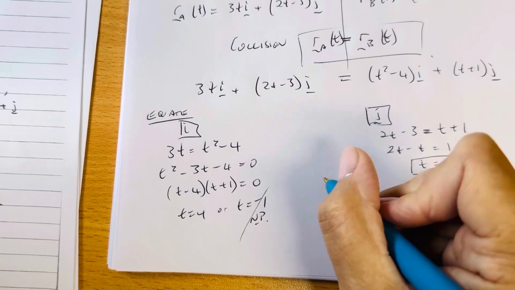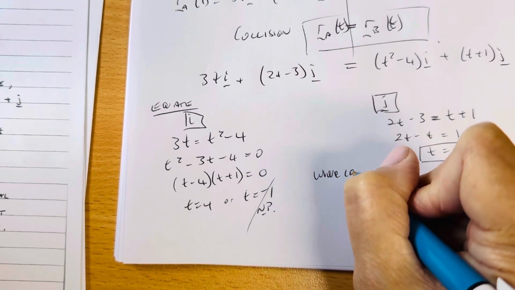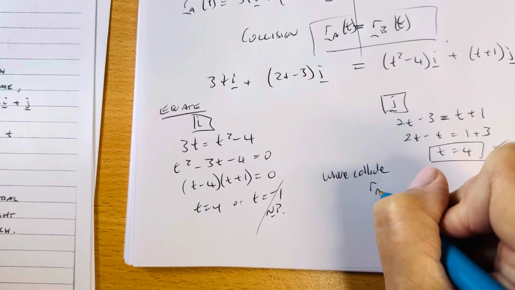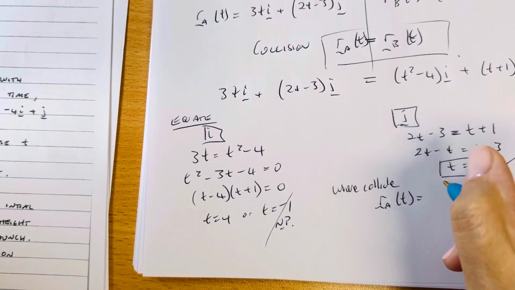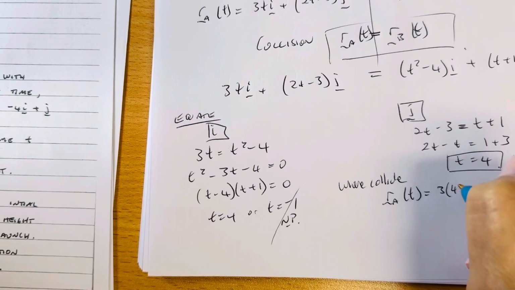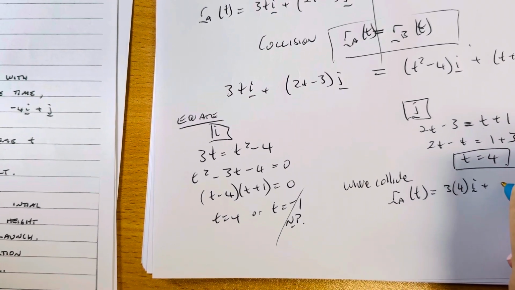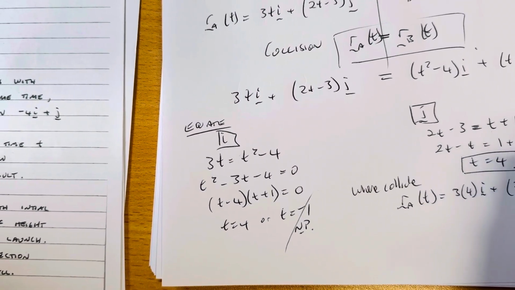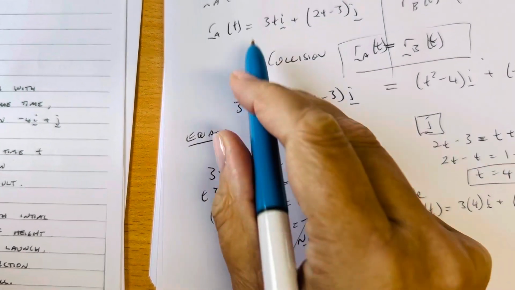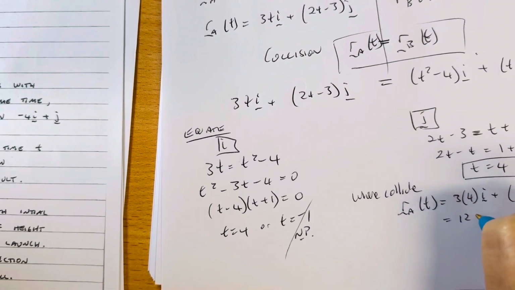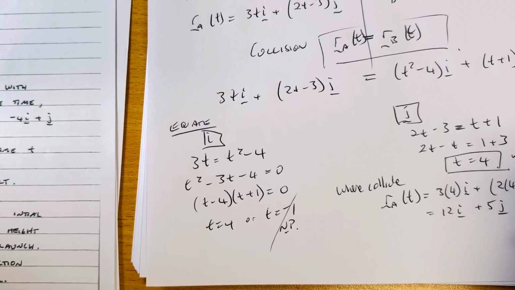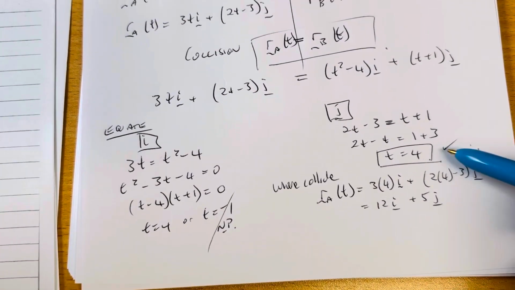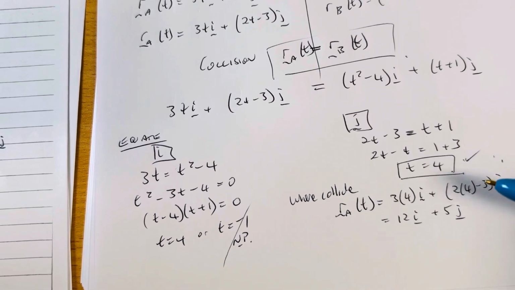So then, where do they collide? I'm going to go RAT, so that's going to be 3 times 4i plus (2 times 4 minus 3)j. Just subbing it straight into my R gives me 12i plus 5j. So now I have, they collide at 4 seconds.